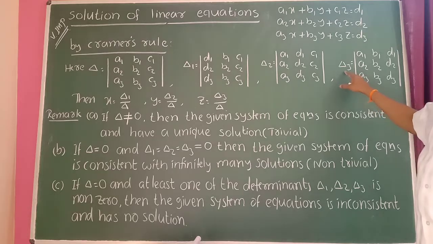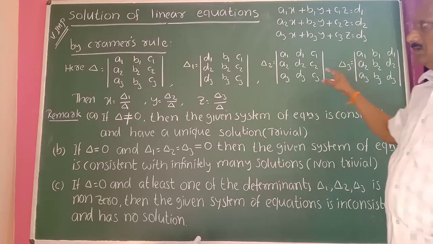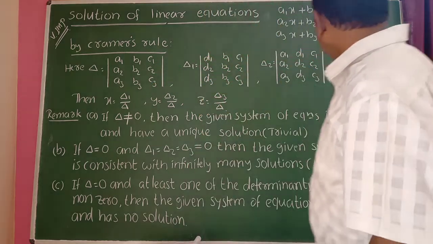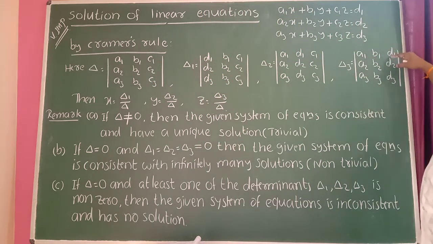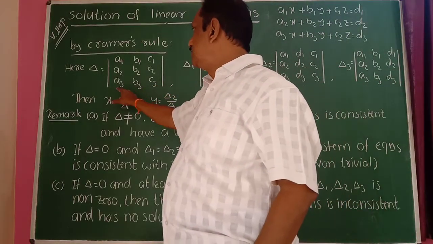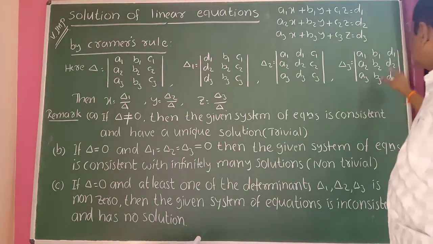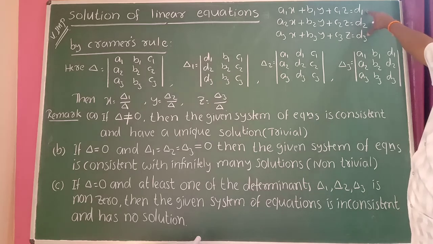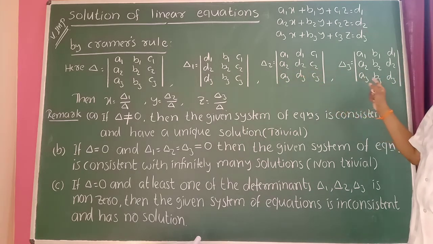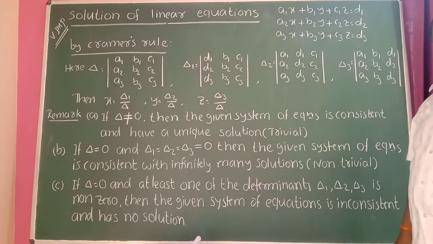Then delta 3 is the determinant obtained by replacing the elements C1, C2 and C3 by d1, d2 and d3. The first two columns are kept as they are, and only the third column is replaced by d1, d2, d3. So these are the delta 1, delta 2 and delta 3 determinants.